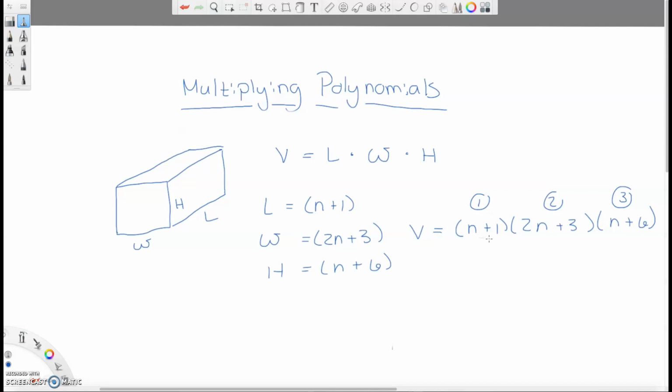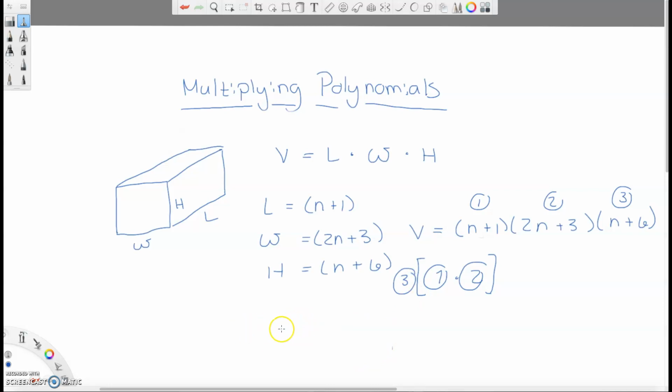But it's important that you only multiply two of them together and then multiply the last one by those two, okay? In this problem, I'm going to multiply 1 by 2, and that's going to give me some new polynomial. And then I'm going to multiply this whole thing by 3, okay?